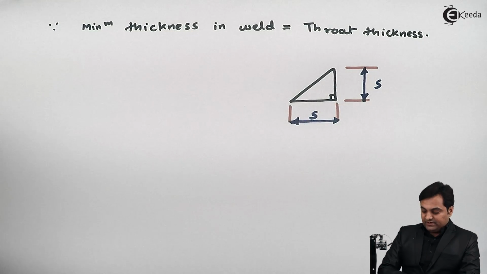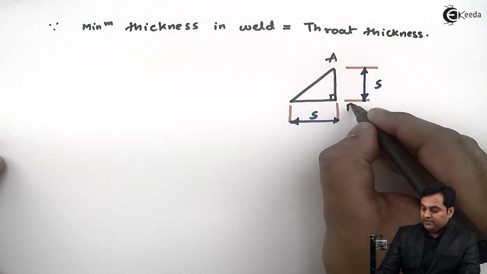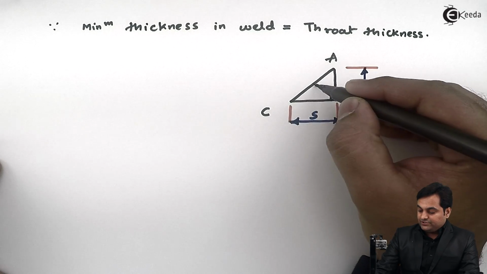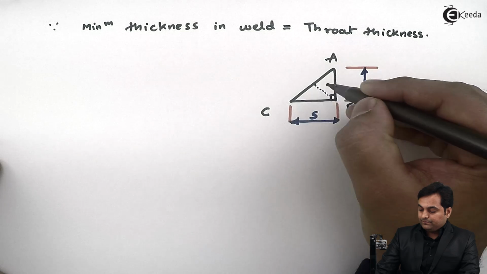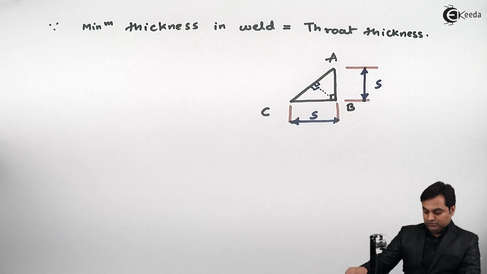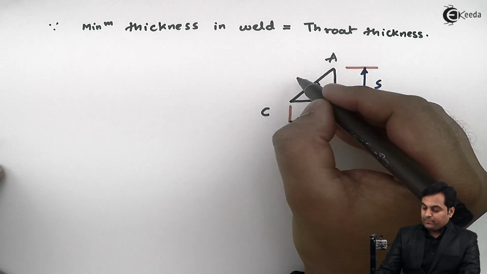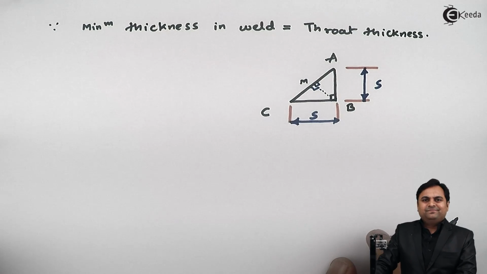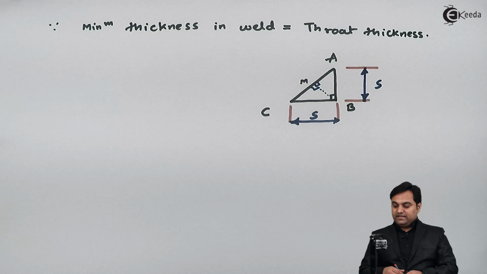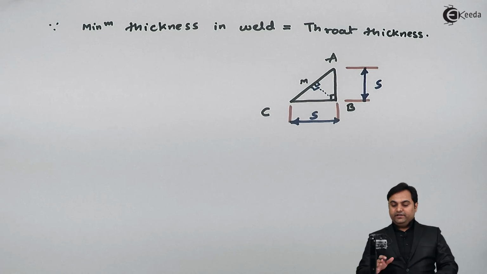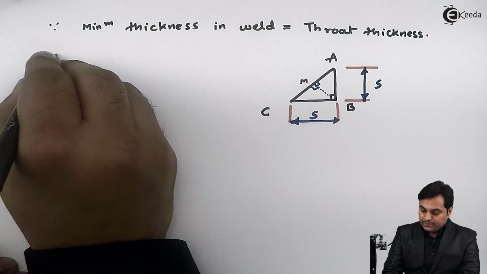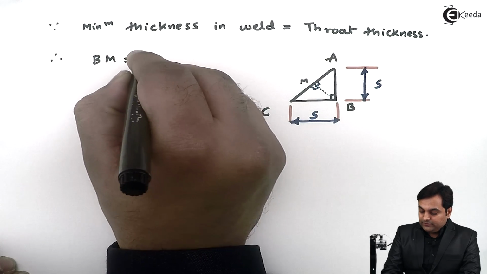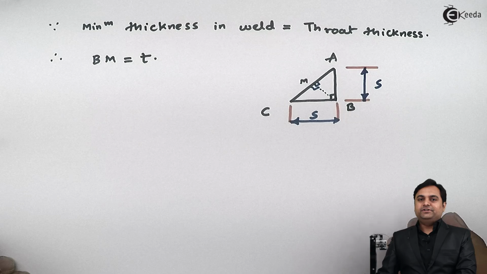Then I'll name this triangle as triangle A, B, C. Then I'll draw a perpendicular to this hypotenuse AC, and this perpendicular I'll name it as BM. So BM will be called as the throat thickness or the minimum thickness. Now since the minimum thickness in the weld is the throat thickness, therefore throat thickness will be BM, and I'll denote it by T, that is small letter T.